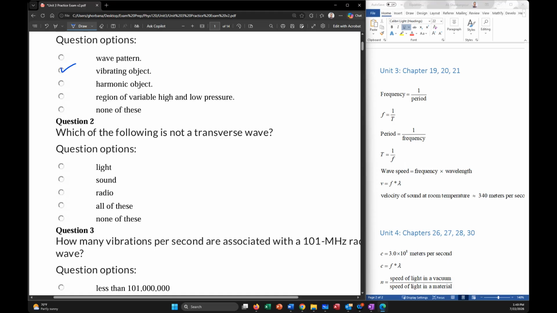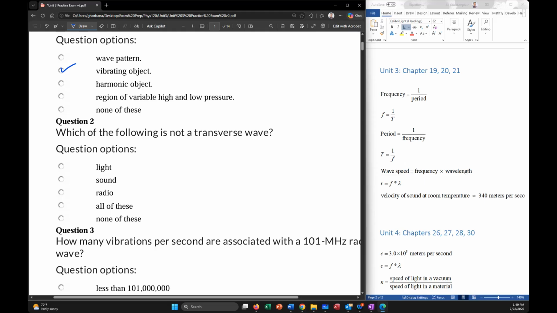So we know that light and radio waves are transverse waves. Their propagation is horizontal, but their vibration is up and down, so the propagation of the wave and its motion in the medium are perpendicular.